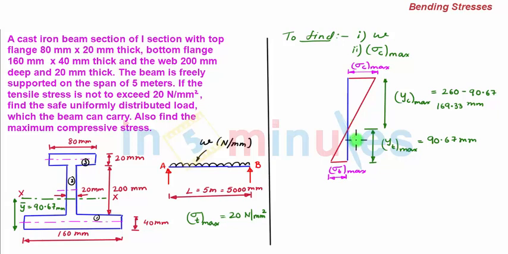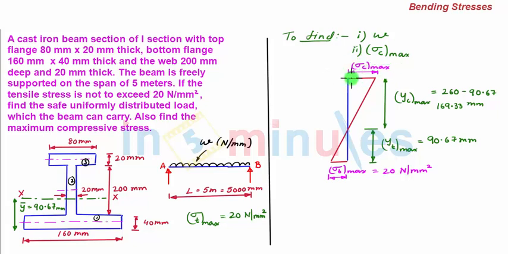In this diagram we represent the variation of bending stresses of the beam. This is a zero line and compressive stress is on the right hand side and tensile stress is on the left hand side. Now we see that the bottommost part is subjected to maximum tensile stress of 20 Newton per mm square, and we need to find the corresponding maximum compressive stress on the upper section.